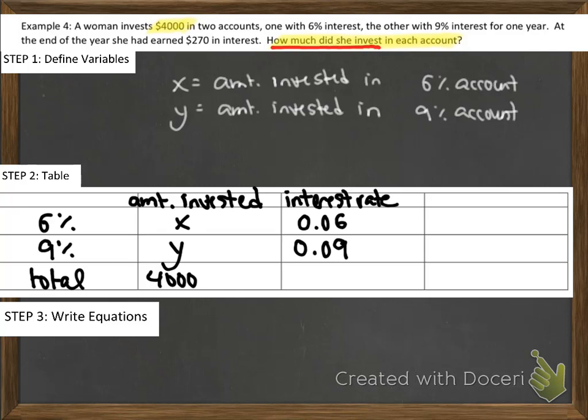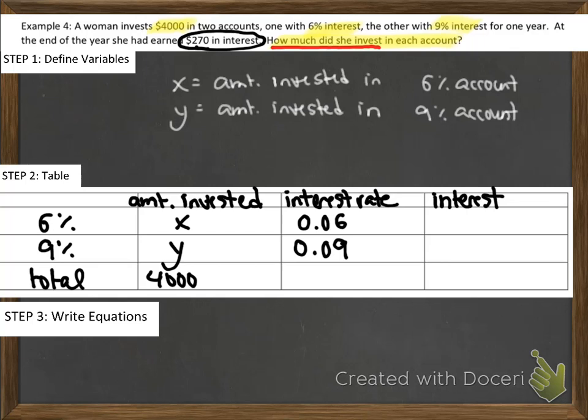So what should our last column be? Well, we've used all of these pieces of information except for this last piece right here. It says that she earned $270 in interest. So the last column is the amount of interest that she earns. In other words, the amount of money that she has more than what she started with.